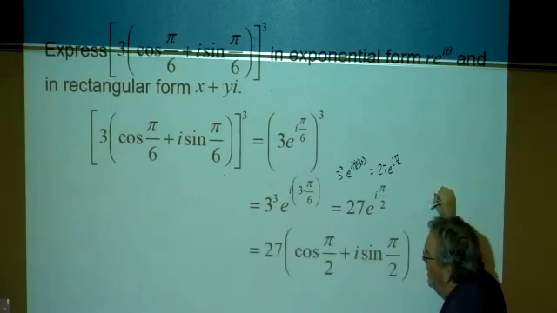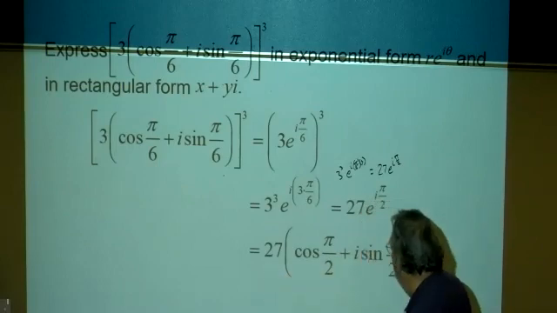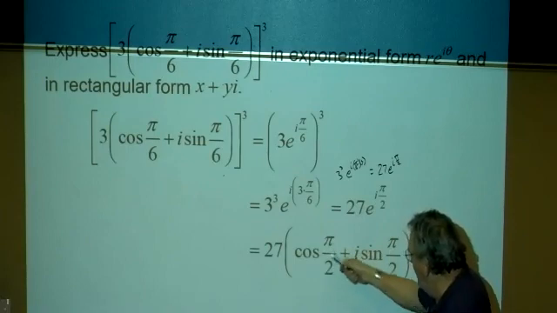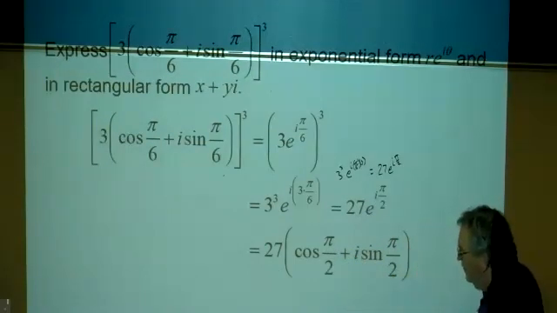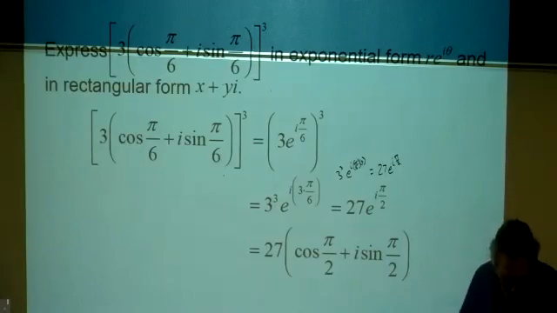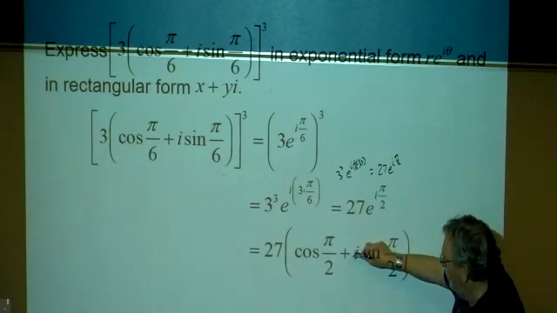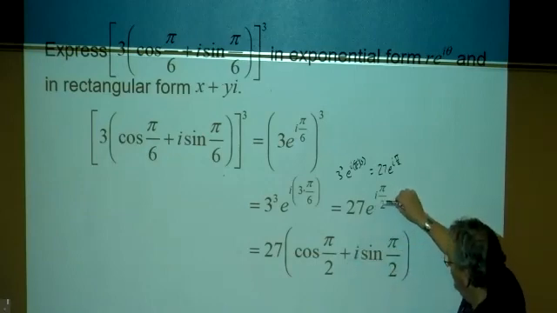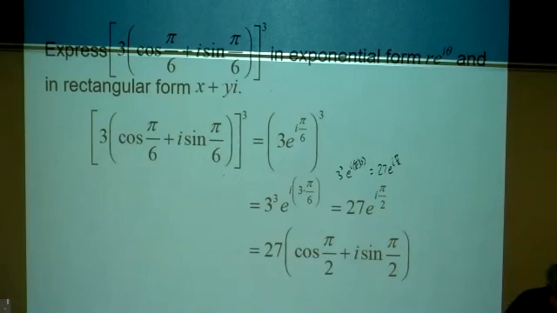And then writing it back in polar form, 27 is the r on the outside, pi over 2 is the angle theta for cosine and sine. Going back and forth between polar coordinates and the exponential form is really a simple process.